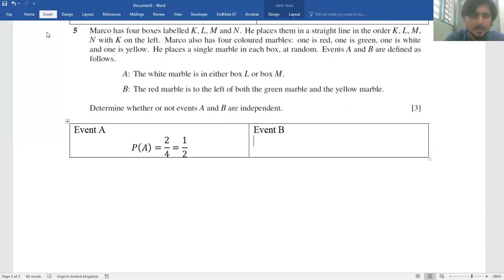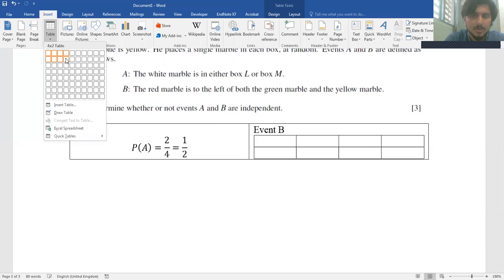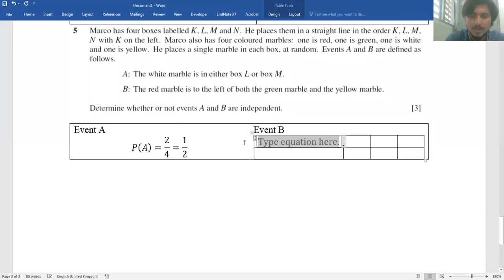These are the four boxes: K, L, M, and N. Now, when we try to place the marbles in them, red can be here, or here, and so on.